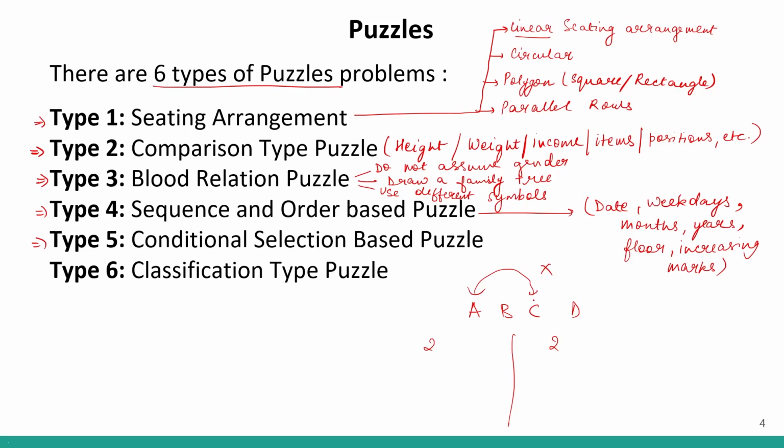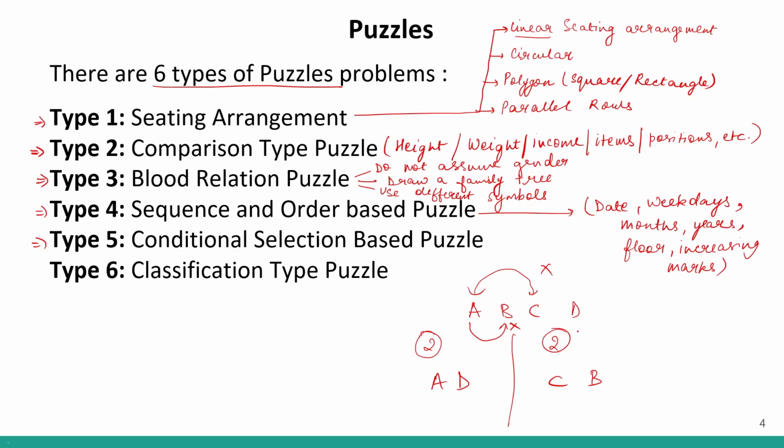So if A and C are not together, A will be over here, C will be over here. Correct? Now we can have either B or D with A, or we can have B or D with C. Now it is given to us that B and A are not together. Another condition. So if B and A are not together, B will automatically come here. And now since the teams are of 2 members each, D will automatically come here.